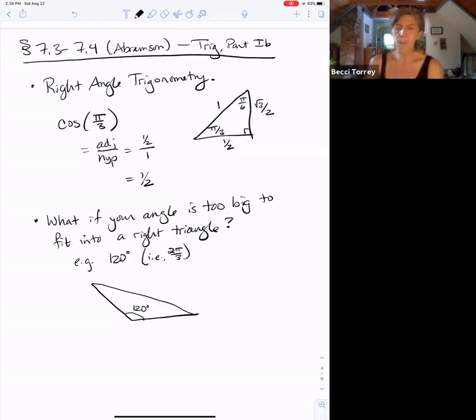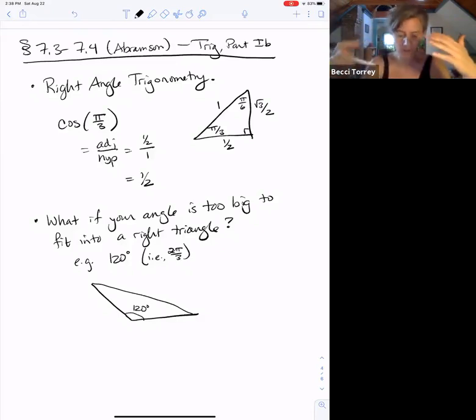So we say we can't use right angle trigonometry to find cosine or sine of 120 degrees. And so we're going to take that definition, the SOHCAHTOA definition of sine and cosine and tangent, and we're going to replace it with a new definition for sine and cosine, and tangent, etc., secant, cosecant, new definitions that will be the same as the right angle trig definitions when your angle is small enough, but will also be defined when you have a bigger angle.